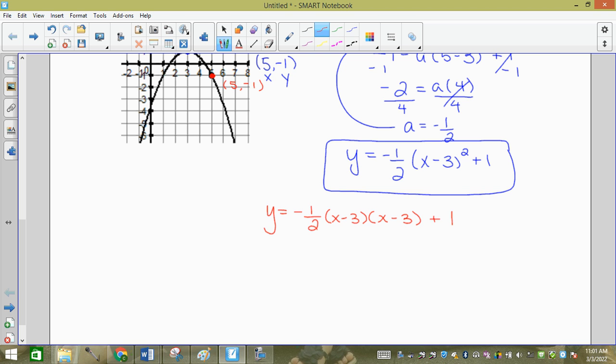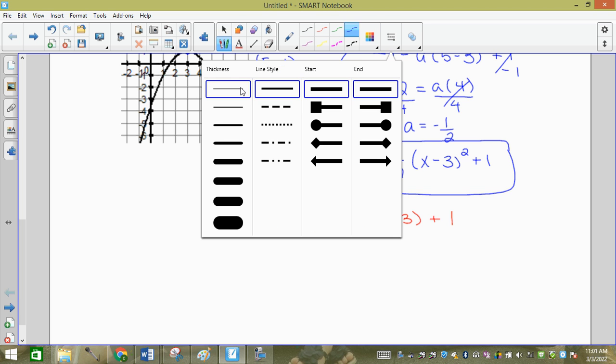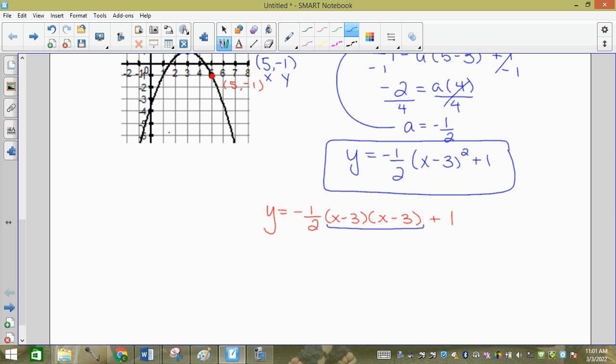plus 1. Now, instead of distributing the negative a half first, what could I do first? I can put the negative a half in and then work with fractions, or I can FOIL this.